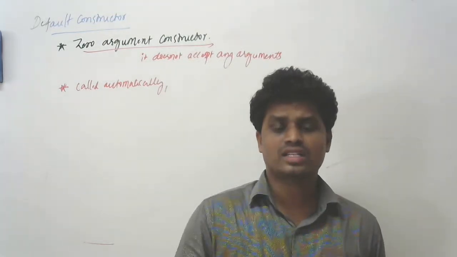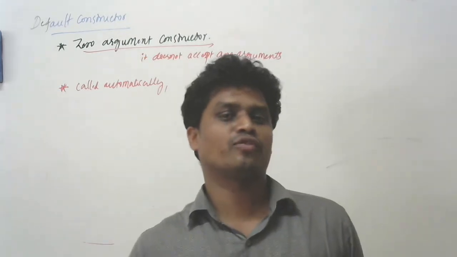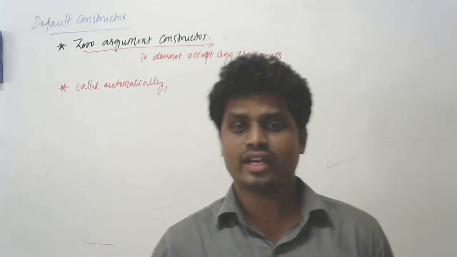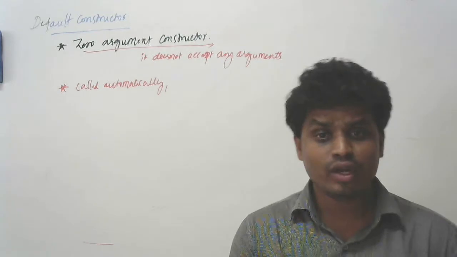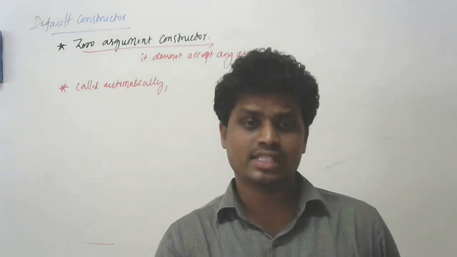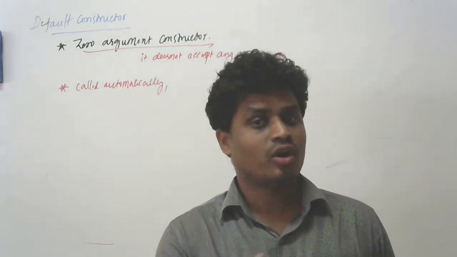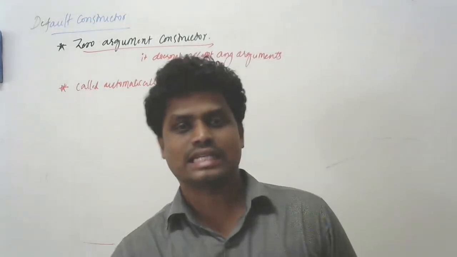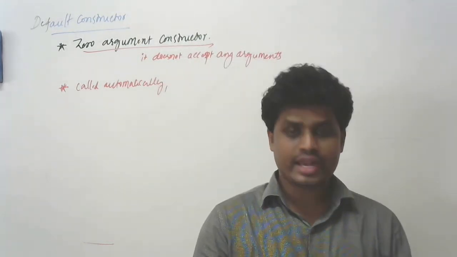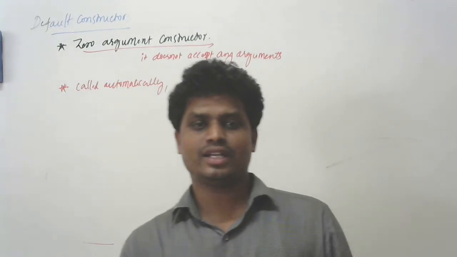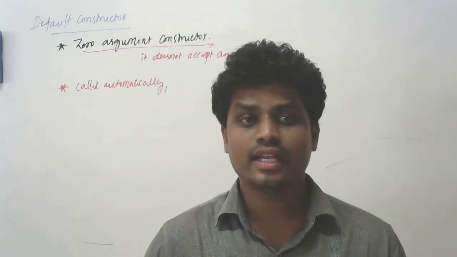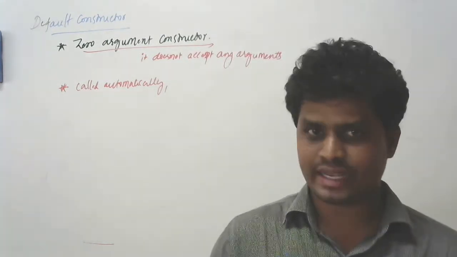Even this default constructor does not support a return type, not even void, and it will not be accessed or executed with the reference objects of the address of this constructor, and it supports new and delete operators to allocate and deallocate the memory space.